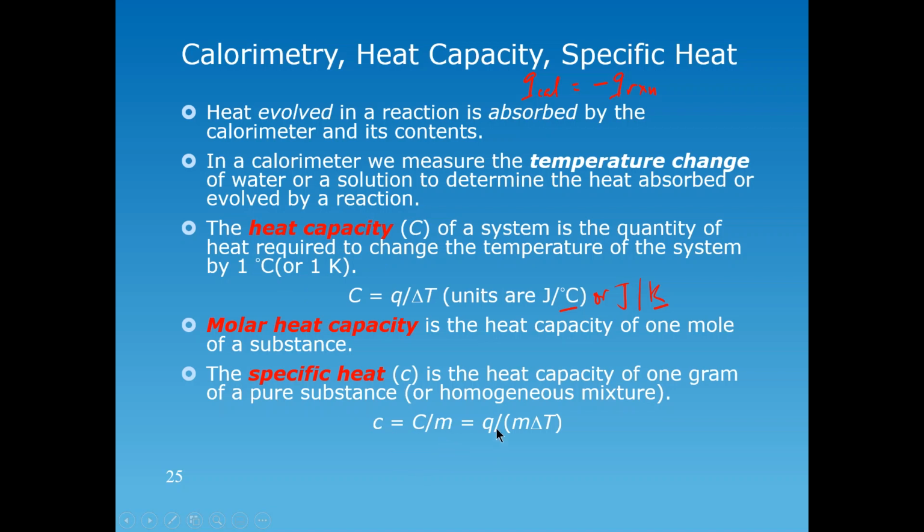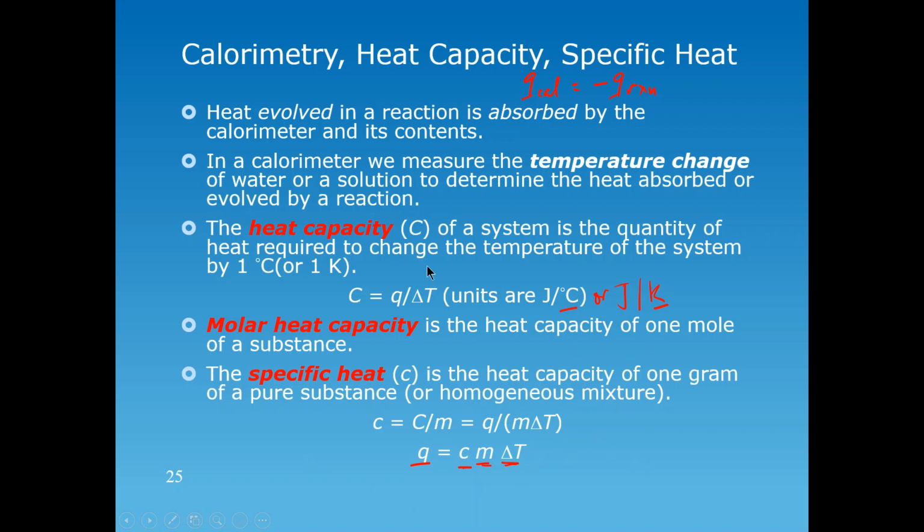And that therefore will be equal to Q divided by m times delta T. And we can rearrange this equation to get a more common form of this relationship between the heat change, the specific heat, the mass, and the change in temperature, all right? So the heat change is equal to the specific heat times the mass in grams times the change in temperature, which, as I said before, can be expressed in either degrees Celsius or Kelvin.